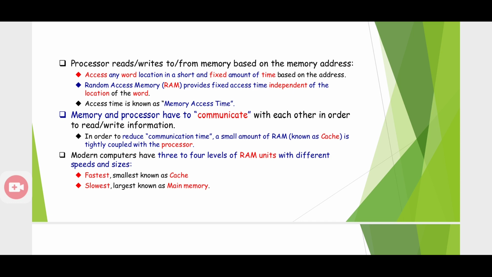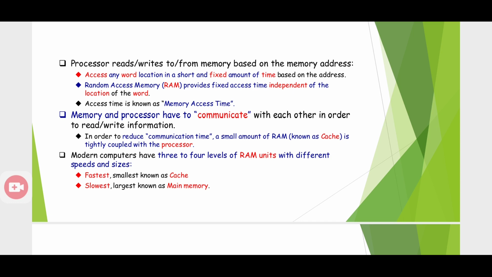We have two other memories, cache and registers. They are associated with the processor itself. The main memory unit is different from the processor, but along with the processor we have cache memory as well as register memory. Registers are the smallest memory.